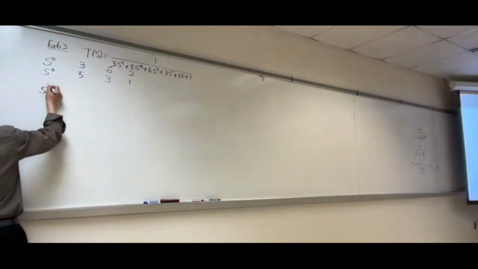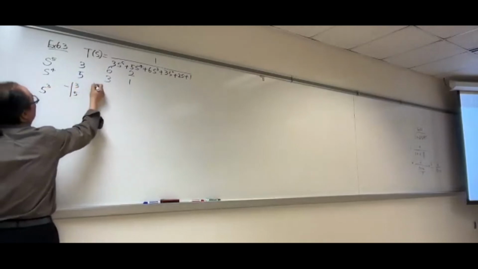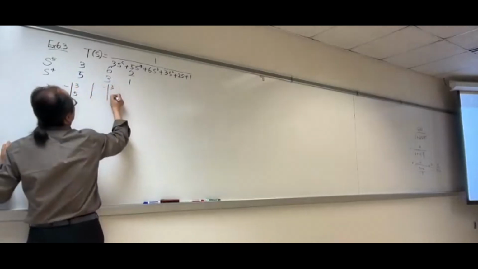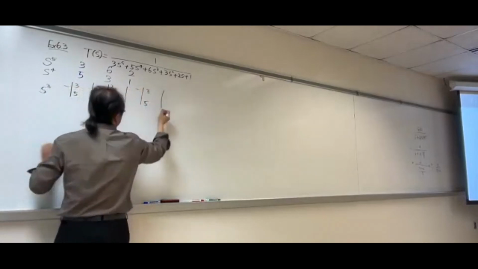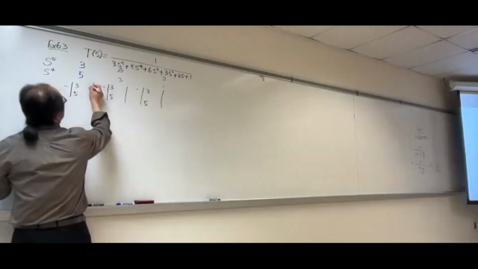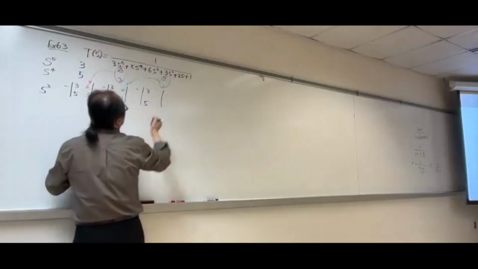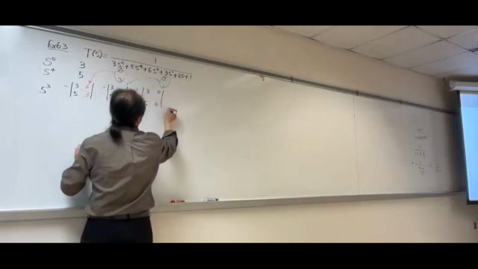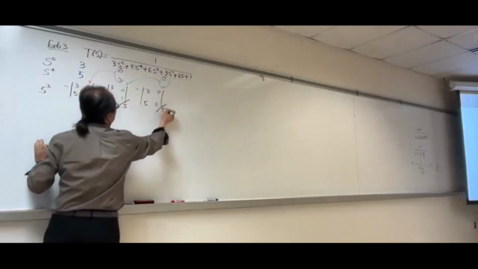Starting from S3, we need to use this determinant: 3, 5, and negative 3, 5, negative 3, 5. Then we're going to have this 6 and 3, 2 and 1. And for these, it's going to be 0, and over 5, over 5, over 5.